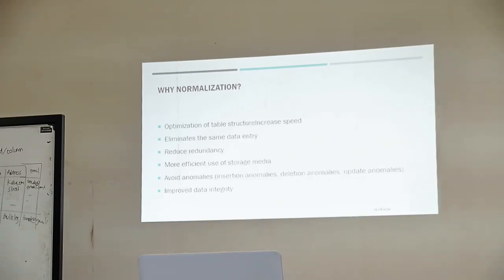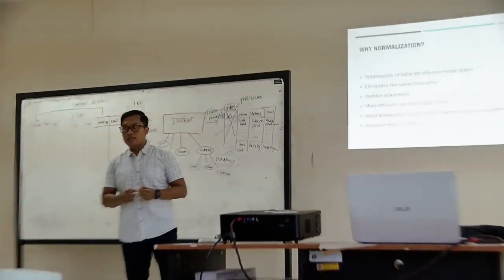And then avoid anomalies like insertion anomalies, because if we do a process like an insert query, it can cause anomalies in another table, and then deletion anomalies, update anomalies, and improve data integrity.